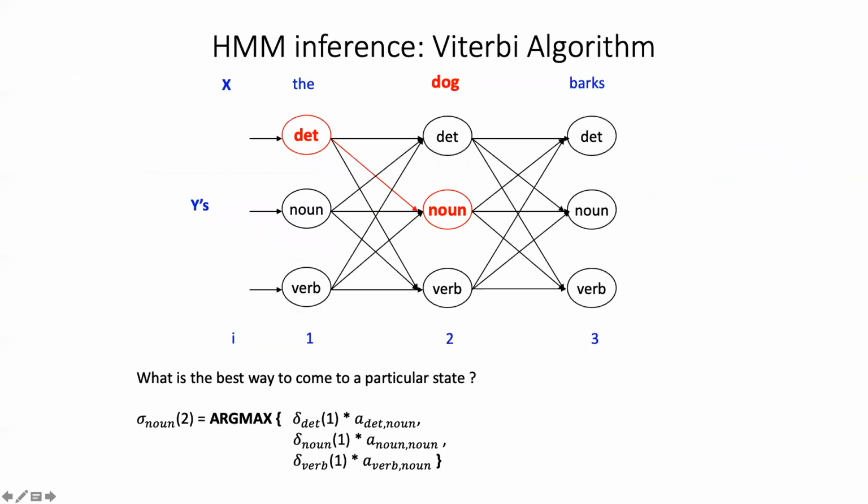So in this expression, these two terms will become 0, and the argmax of the previous term in the back pointer tracking variable will go to determiner, since the observation probabilities of these two terms are 0.